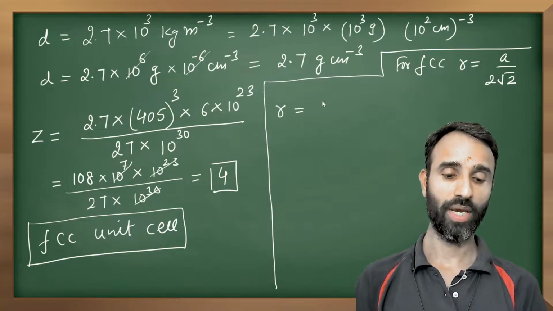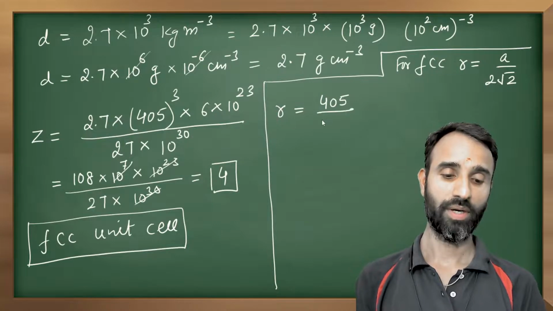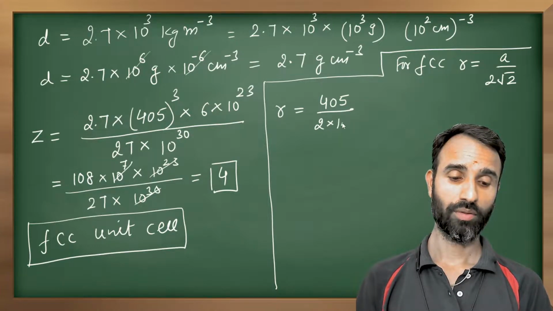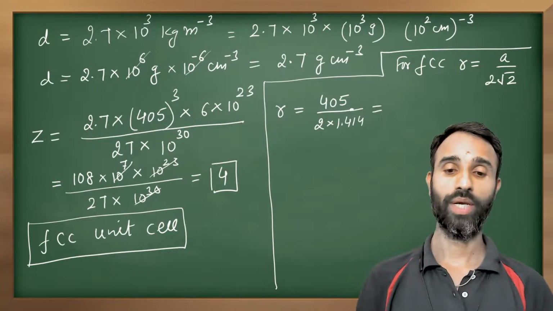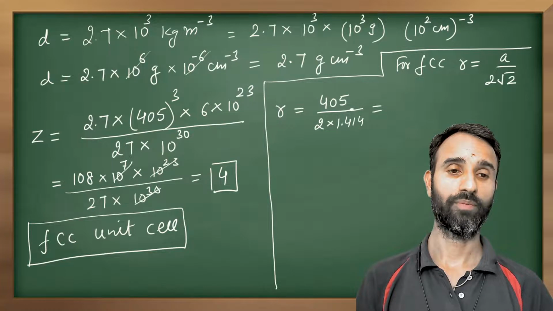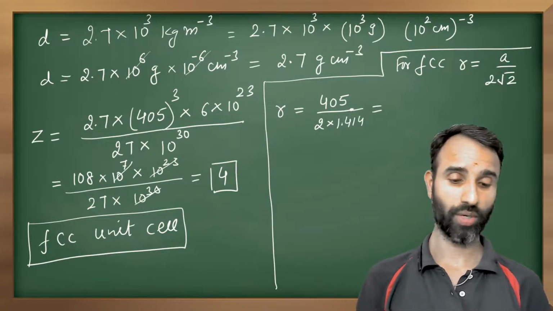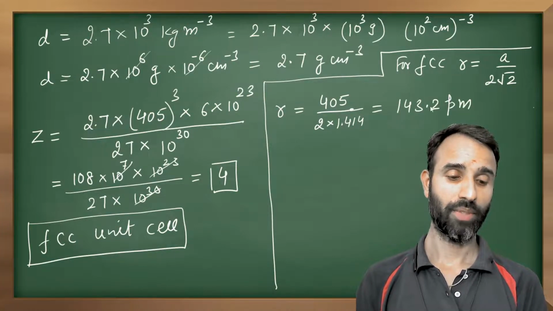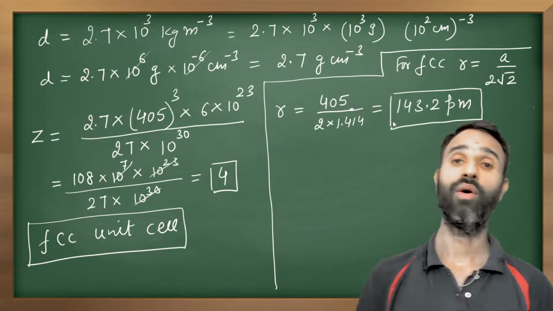So R is equal to A, which is 405, divided by 2 into root 2, which is 1.414. So it comes out to be 143.2 picometer. So this is the value.